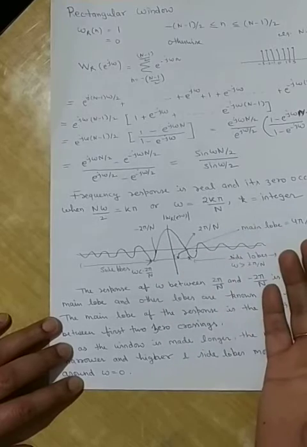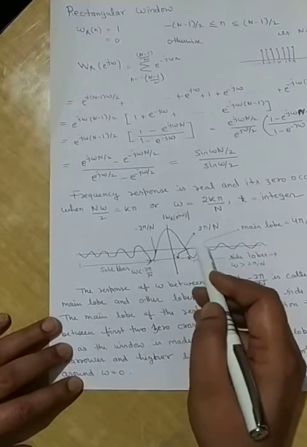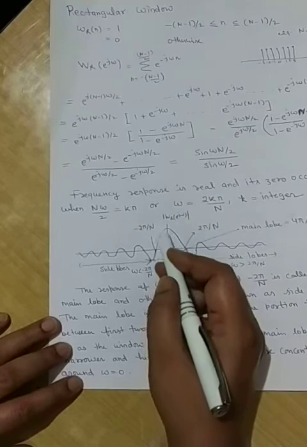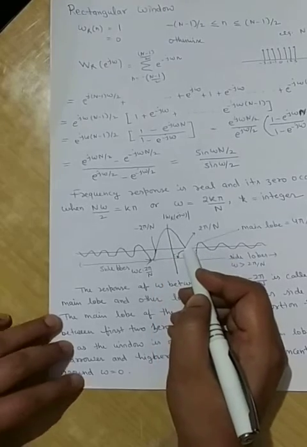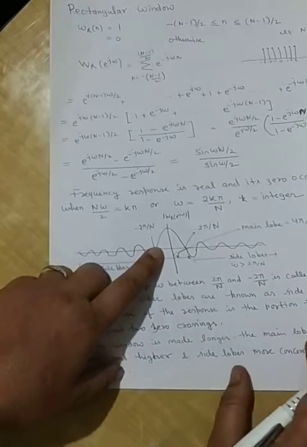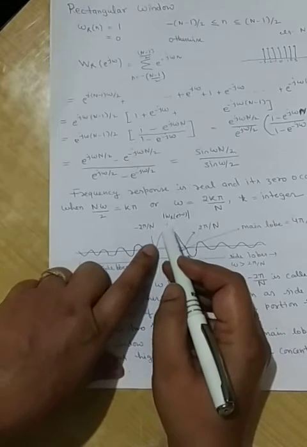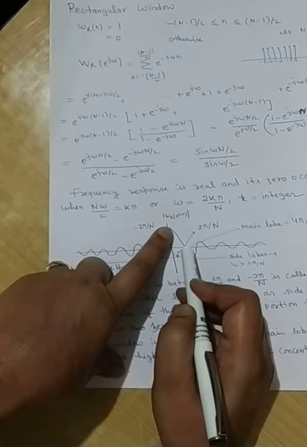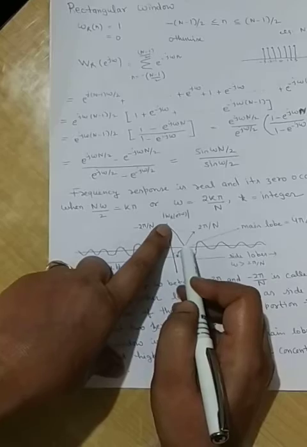That's why we require a small amplitude of the ripple. As well, the main lobe contributes towards the transition region. So if this slope is high, it means the designed filter has a higher transition region.